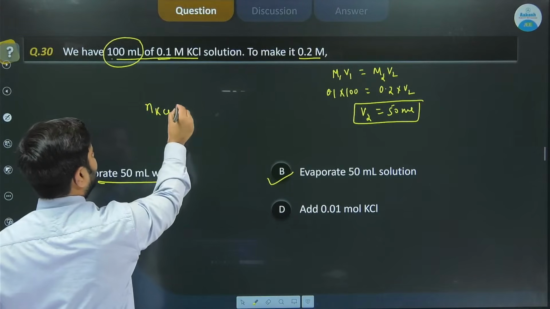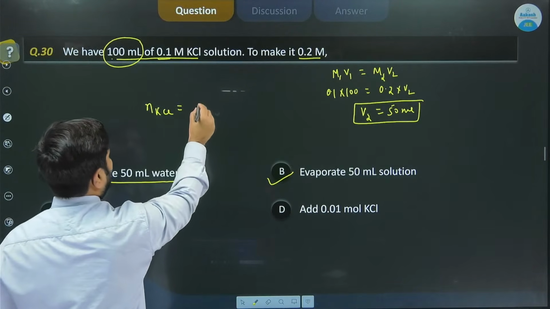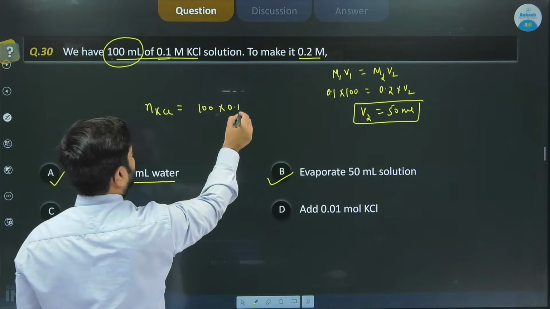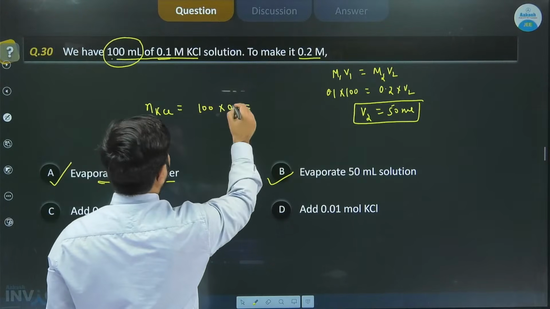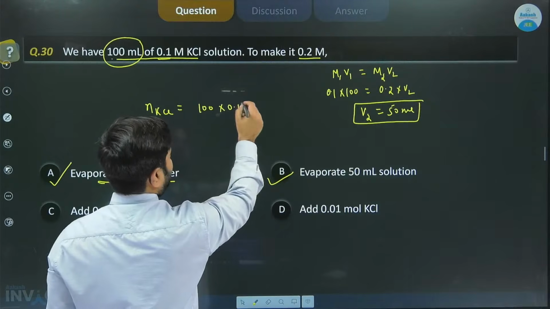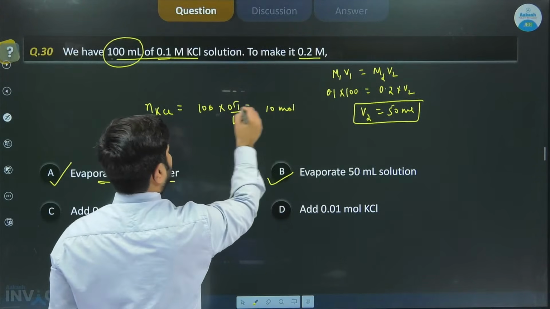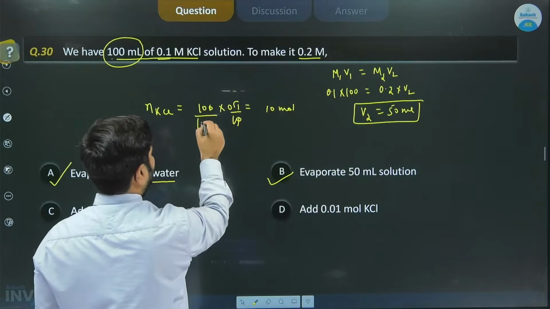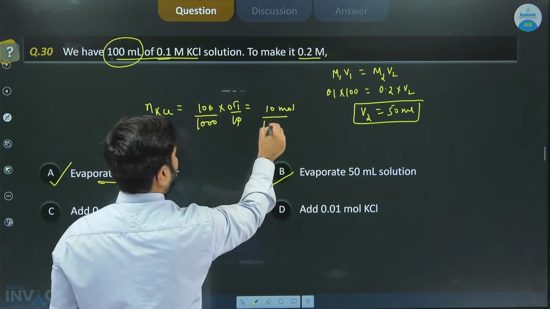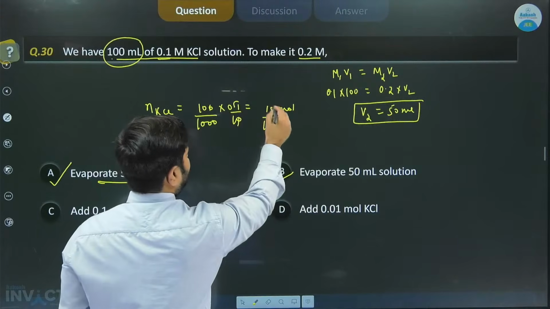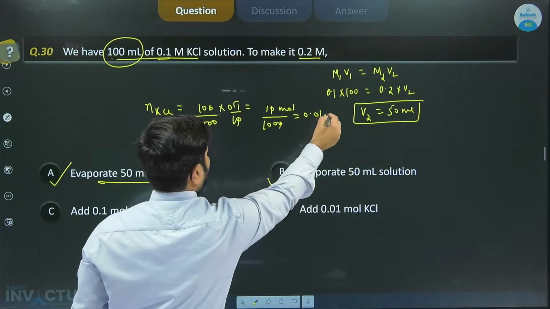Moles of KCl given originally is 100 into 0.1, that is 10 millimoles, divided by 1000, that is 0.01 moles.